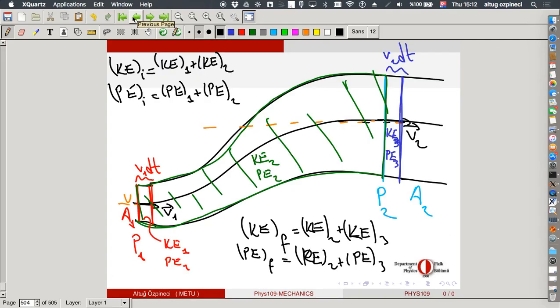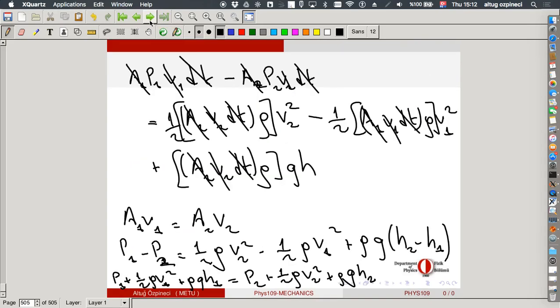Well, points 1 and 2, I have chosen them to be this point and this point, but they are kind of arbitrary. I could have chosen any other point along the streamline. So this combination should be the same along the streamline.